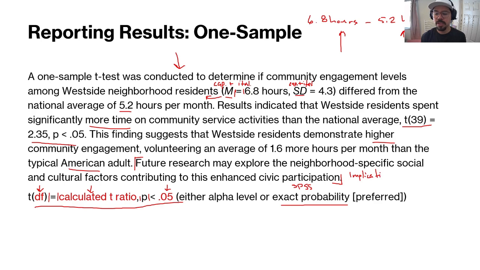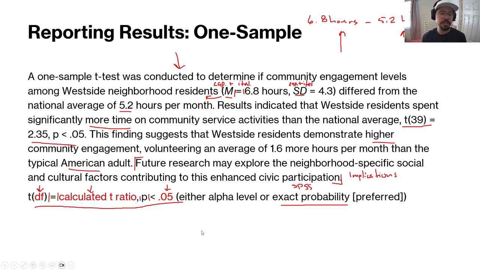Throughout the examples we're going to see in this presentation, I give you some sample ideas of what an implication can be, but there's no specific implication. It's kind of prompting you to think like a psychologist or a sociologist or a human behavior professional, and so forth.